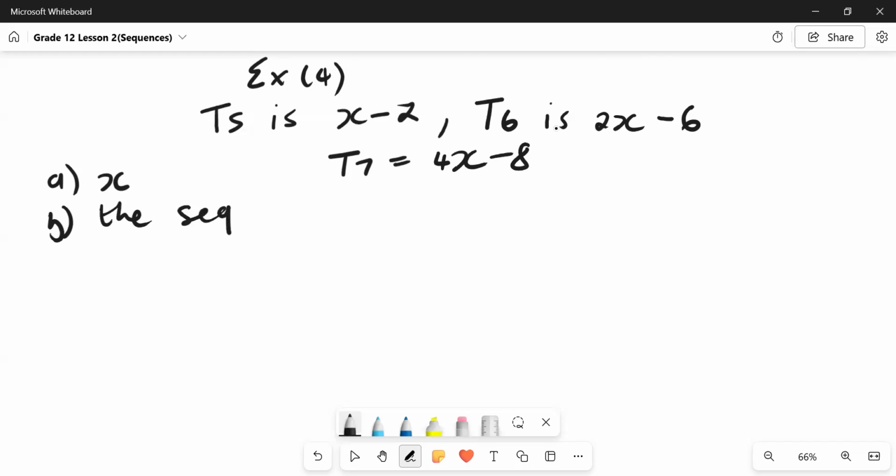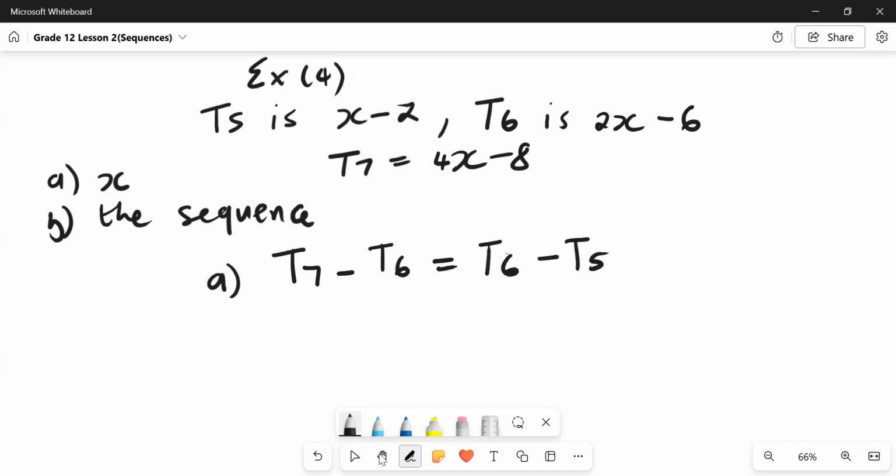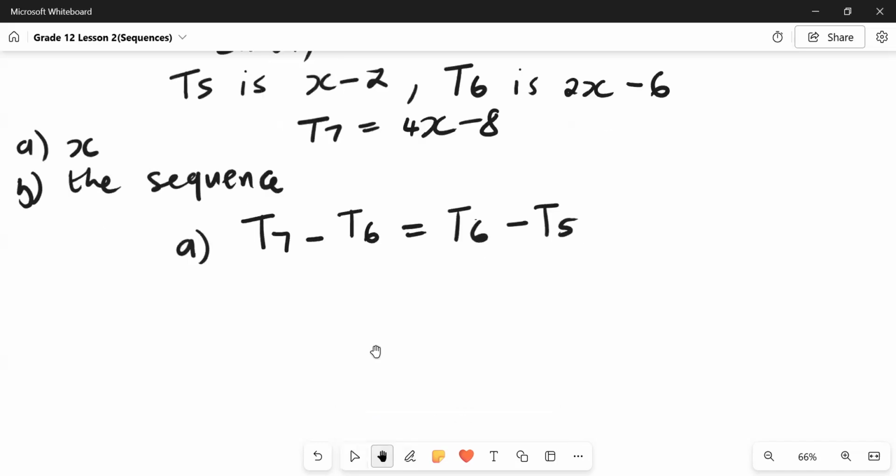Okay, cool. Now let's start with A. With A, let's apply the logic of finding the common difference. T7 minus T6 would be equal to T6 minus T5. This is just the formula for getting the common difference, right? But what is T7?